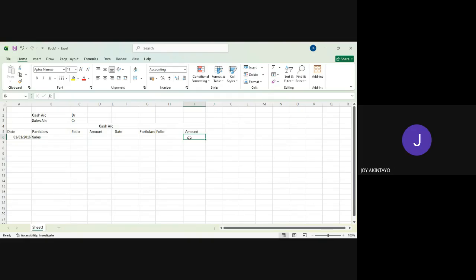So your 900,000 naira will be here. Are you getting it? So this is how our ledger is. So you do the same thing here. This one will be our sales account.